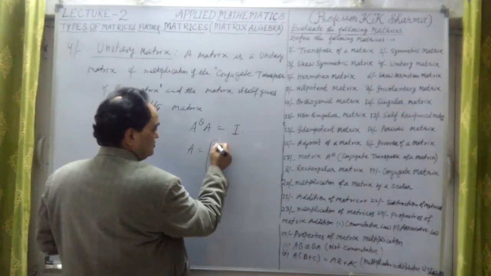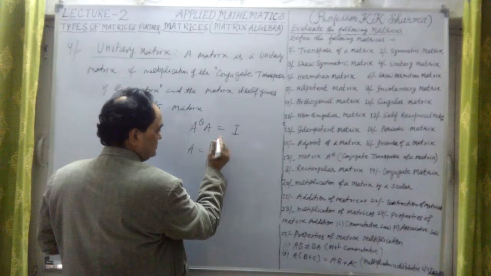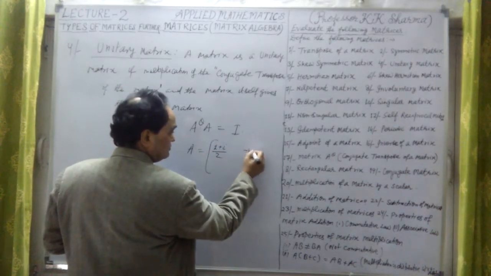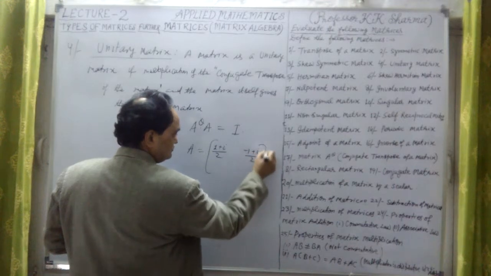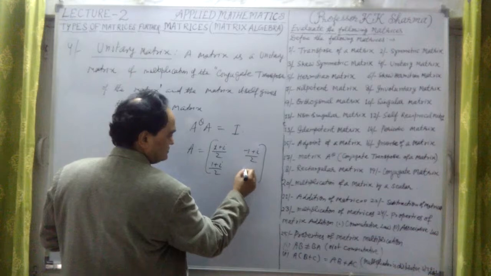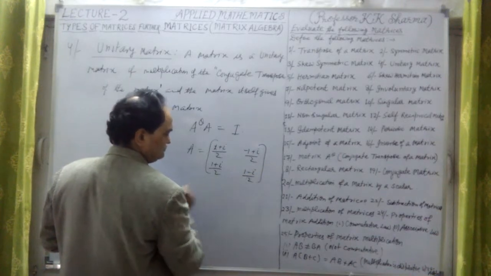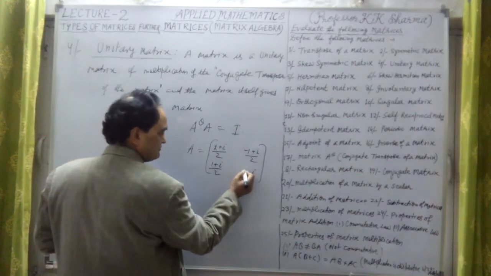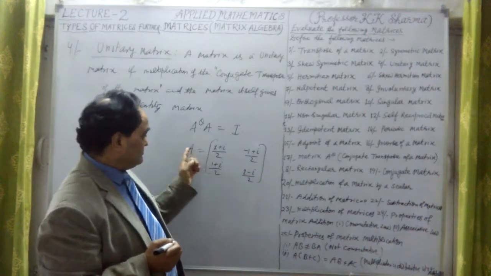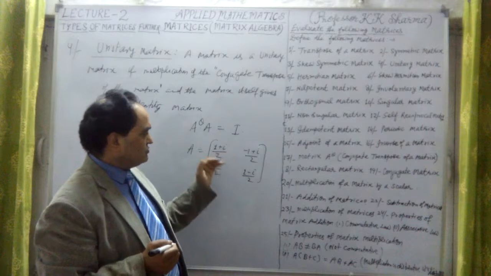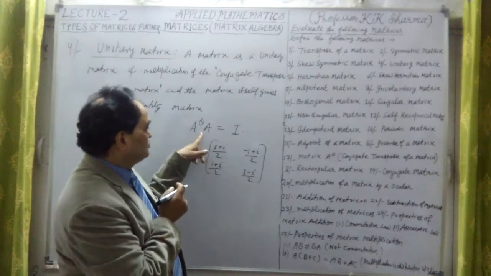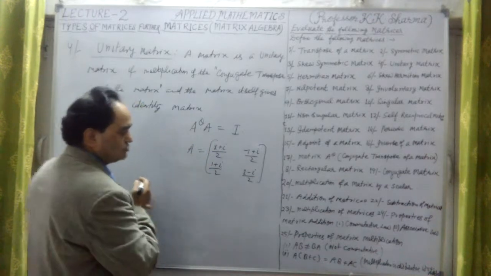Here it is 1 plus iota upon 2, and minus 1 plus iota upon 2, 1 plus iota upon 2, and 1 minus iota upon 2. I have taken this matrix here, A. Now I find A theta of this, the conjugate transpose of A.